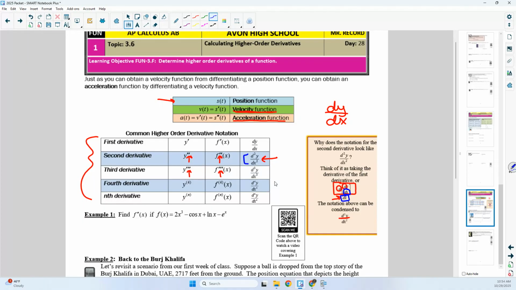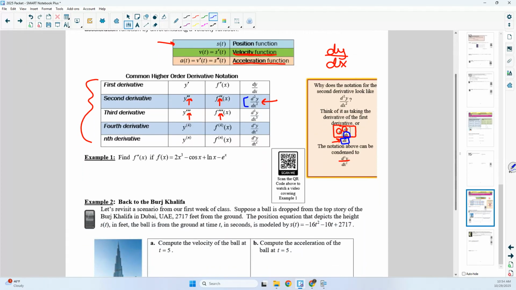So we're going to take a second derivative, and they are pretty easy because it's just the derivative of the derivative, so there's no new rules. If I want to get to the second derivative, I just take the first derivative, which is 6x squared plus sine x plus 1 over x minus e to the x.